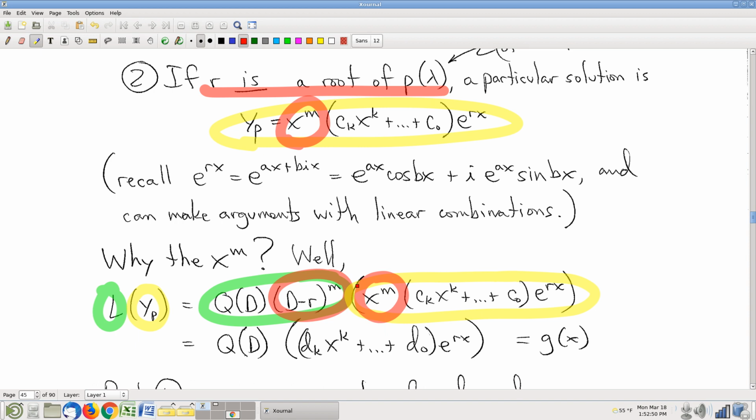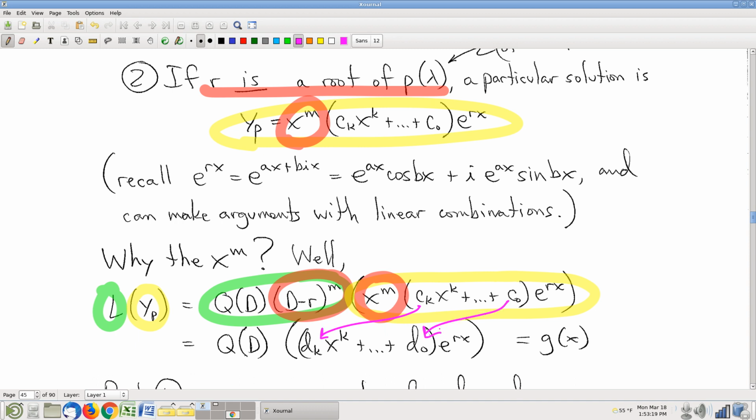We put an extra m factors of x here so that these D minus R's can pair off and run away with these factors of x, disappearing, thus resulting in all that's left over. Now, of course, there are some details. Every time D minus R cancels with an x, there is an ensuing extra factor of a constant.